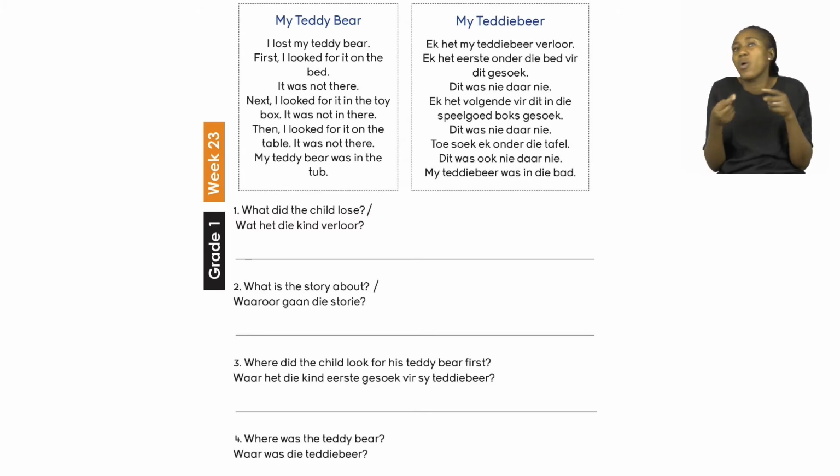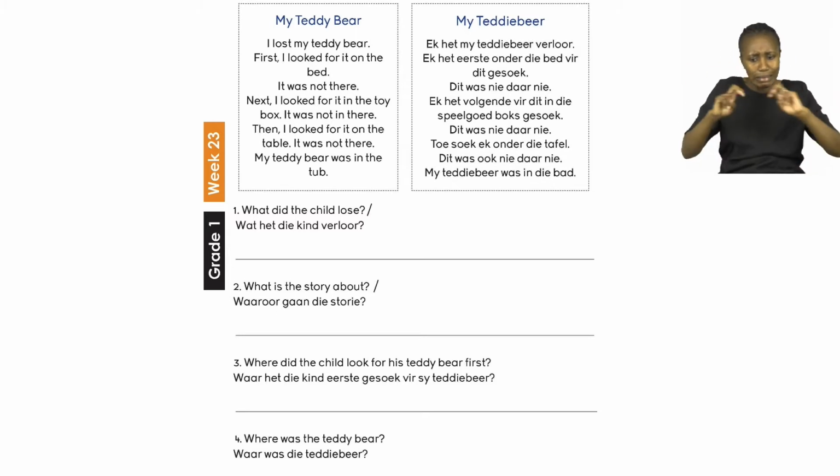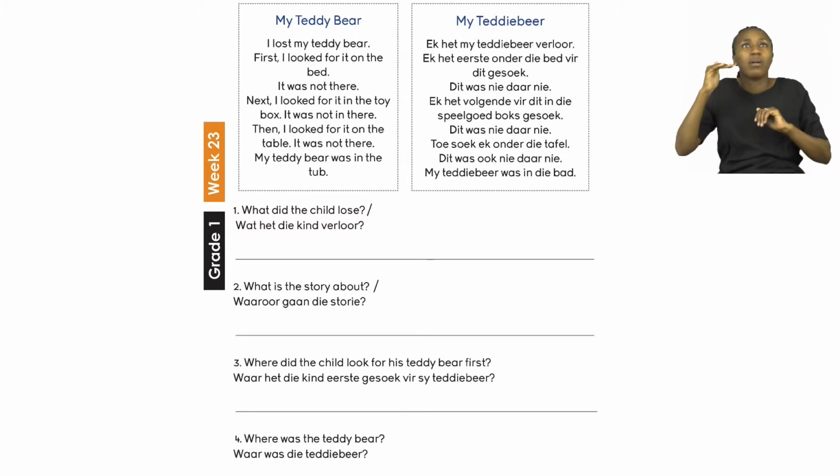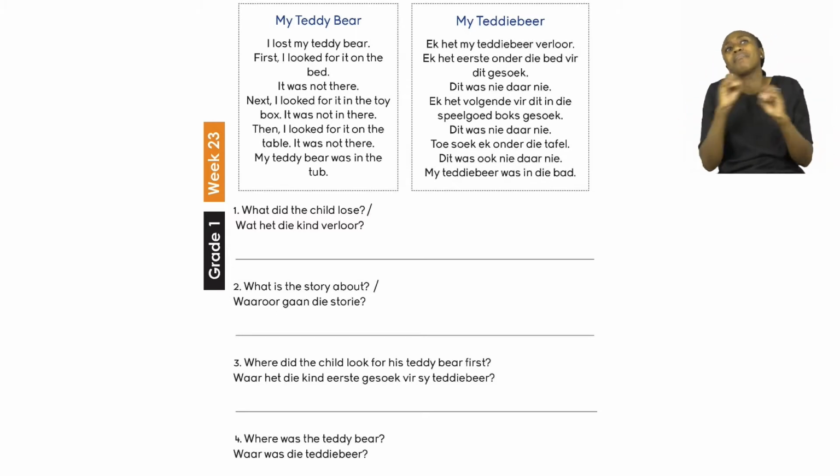It was not in there. Then I looked for it on the table. It was not there. My teddy bear was in the tub. Oh, shame, poor teddy bear.